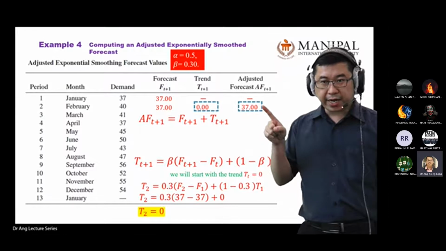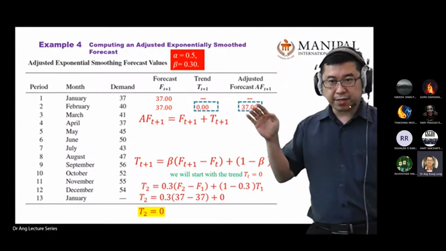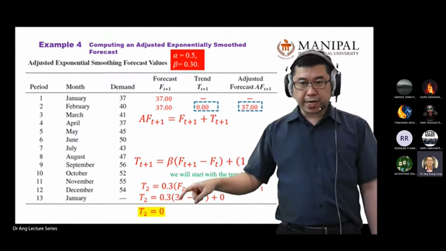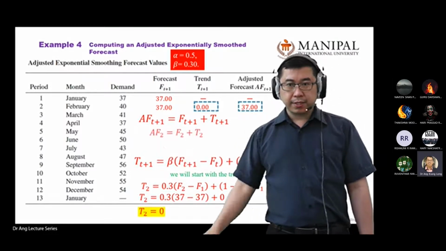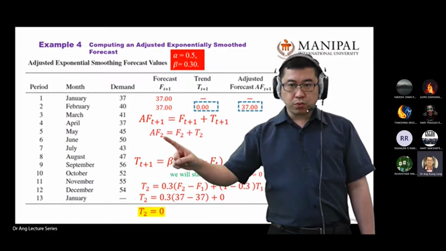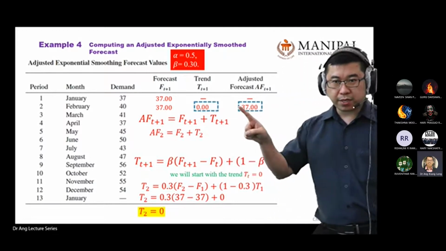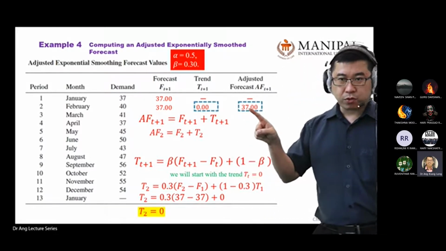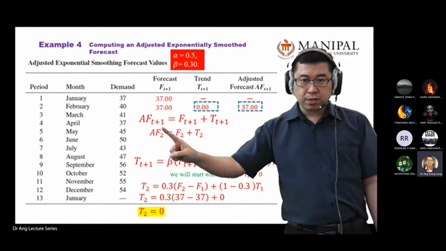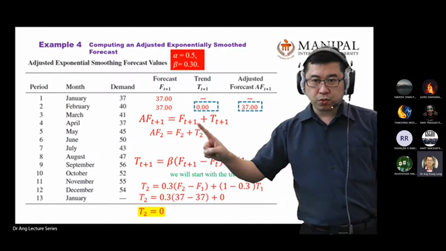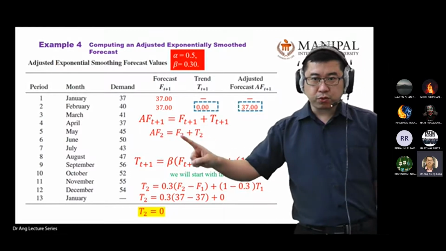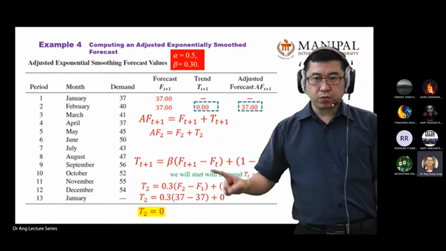Then to calculate AF, I should hide this number. But once you get your T2, go back to this formula. So AF2 equals F2 plus T2.